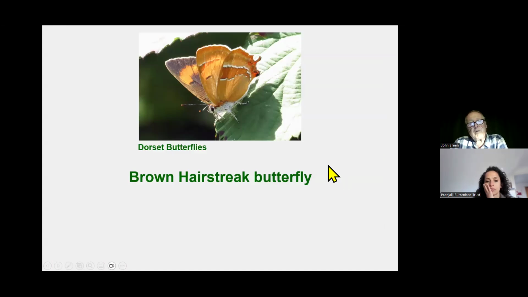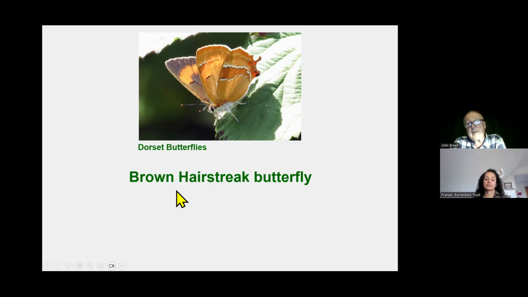And this is just a bit of speculation, but I did mention that Jeremy Thomas was one of the people present, and he's one of the British experts on butterflies, as the author of a number of books. And he showed me how to find the eggs of the brown hairstreak butterfly. I have to admit that I still haven't seen the adults, but I do know how to find the eggs on the blackthorn in spring.